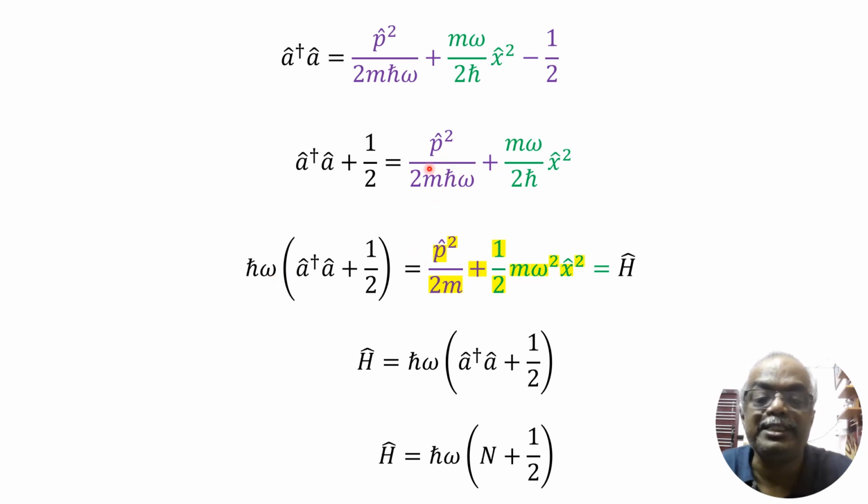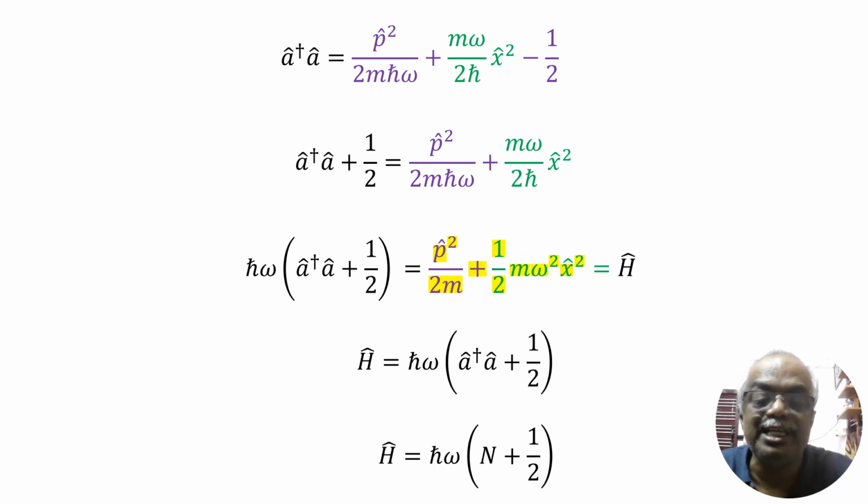Here in the right hand side, the first term, if you multiply with h cross omega, this will cancel out with the h cross omega in the denominator. So this will simply become p squared over 2m. Here, if you multiply the second term by h cross omega, this h cross will get cancelled and omega will become omega squared. That is m omega squared x squared over 2.